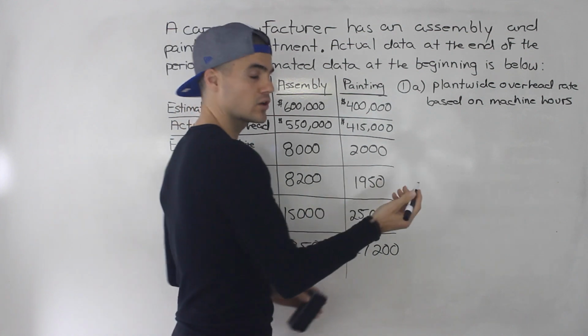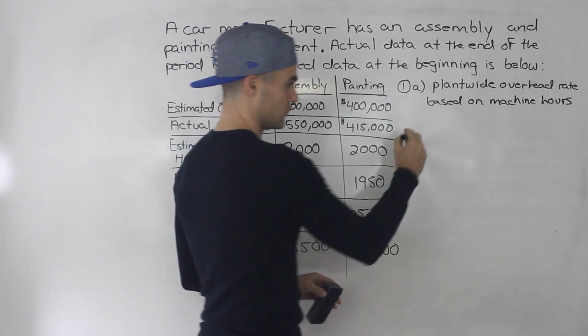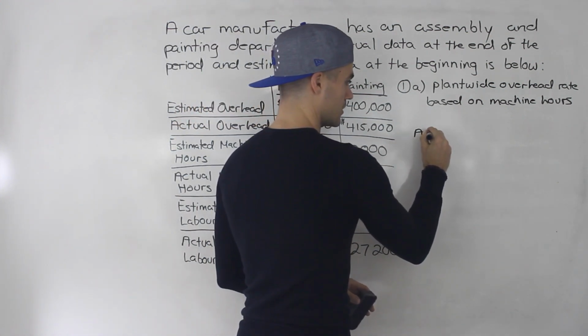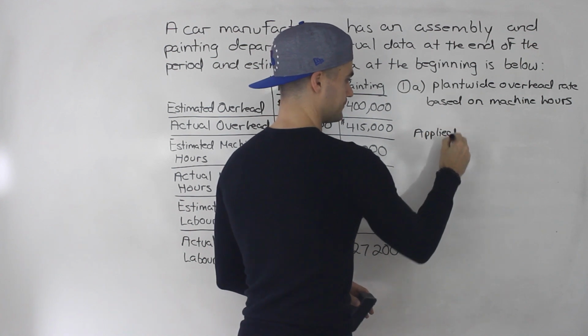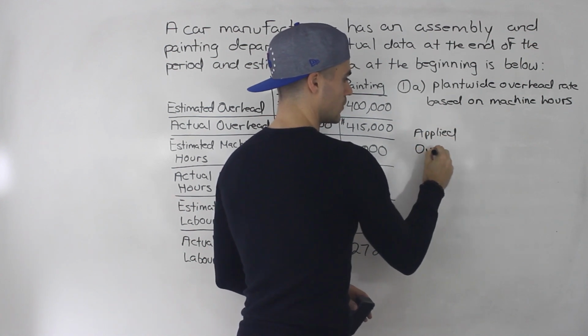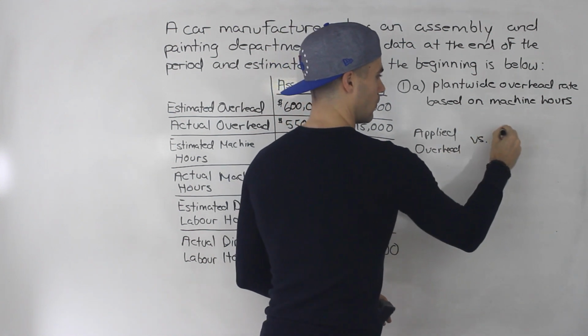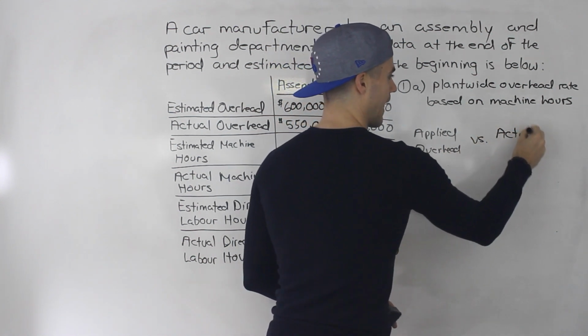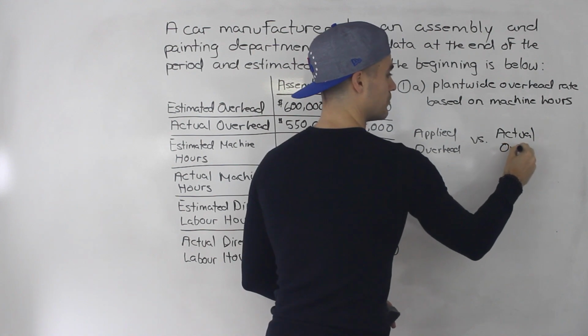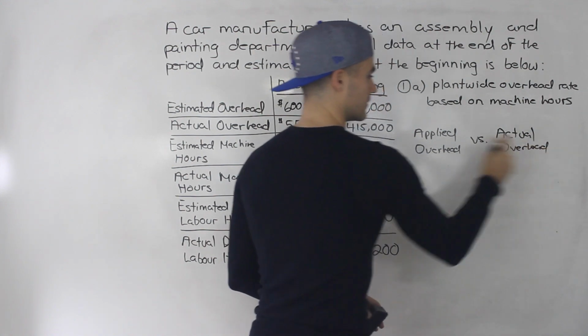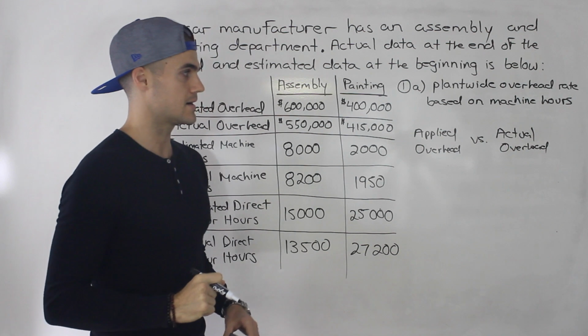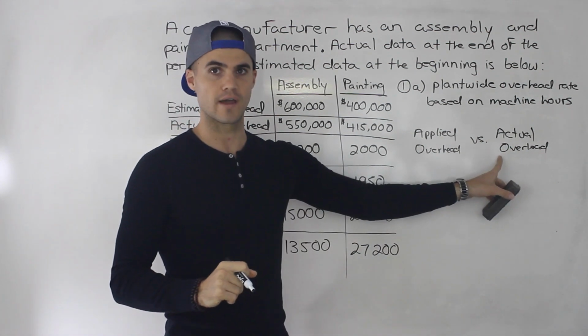So what we're looking for is the overhead variance, and if you remember from videos before, when we are looking at the overhead variance, what we're looking at is how the applied overhead is related to the actual overhead, right?